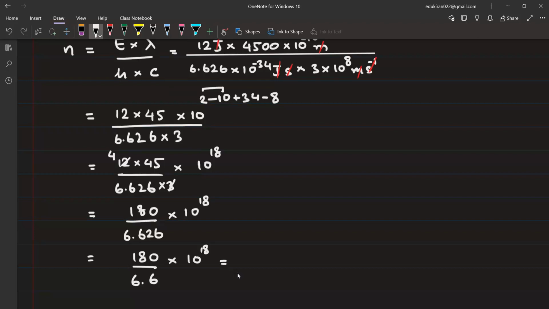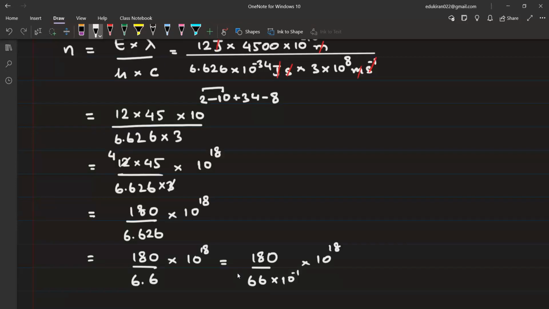We can further write this as how much? 180 divided by 66 into 10 to the power minus 1 into 10 to the power 18.